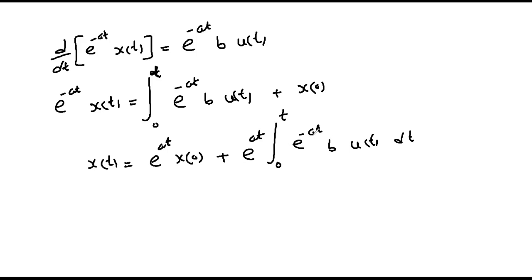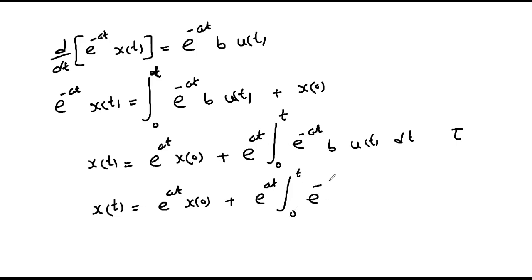instead of a function of t, we change it into a function of a different variable called maybe tau, and then we avoid the pole zero cancellation, from which we can write x of t will be exponential at x of 0 plus exponential at, the integral from 0 to t of exponential negative a tau b u of tau d tau, which we can now write as, we can now factor these together because they are on a common base, and write these as our x of t will be exponential at x of 0 plus the integral.